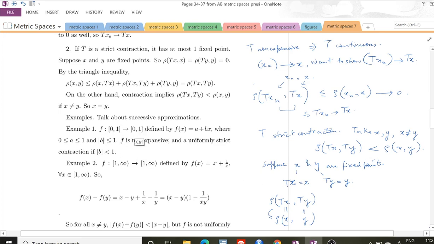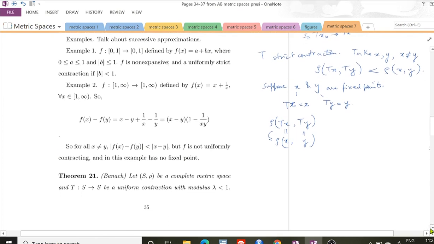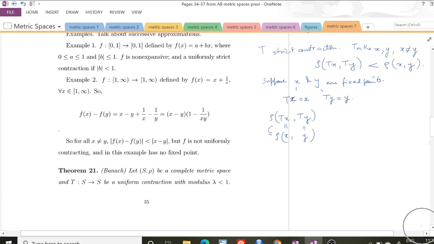So we'd already done this linear affine example. Example 2 here is one where the mapping, called F here, let's just call it T, is a strict contraction but not a uniformly strict contraction.